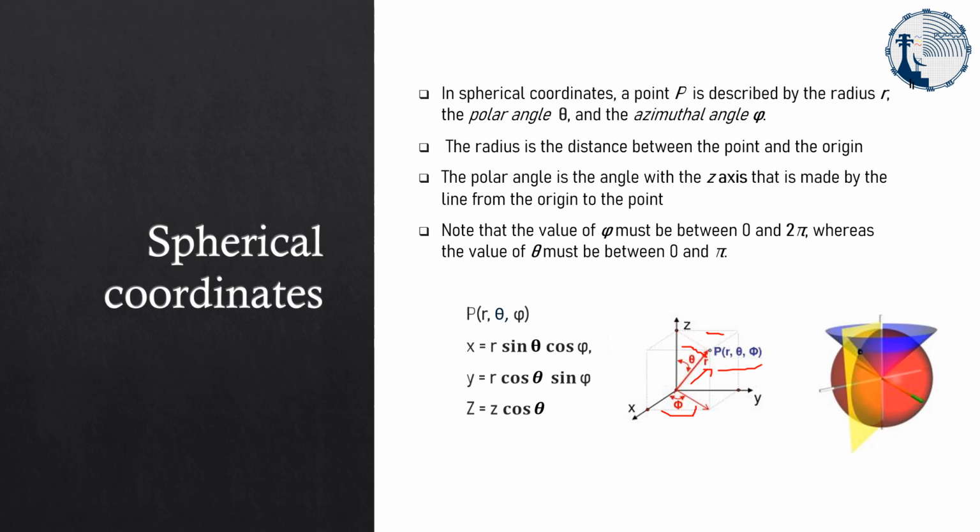Note that the value of phi must be between 0 and 2 pi, whereas the value of theta must be between 0 and pi. So the point can be denoted by P(r, theta, phi), where x equals r sin theta cos phi, y equals r sin theta sin phi, and z equals r cos theta.